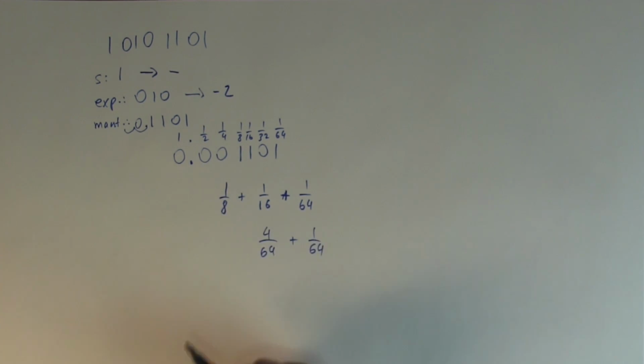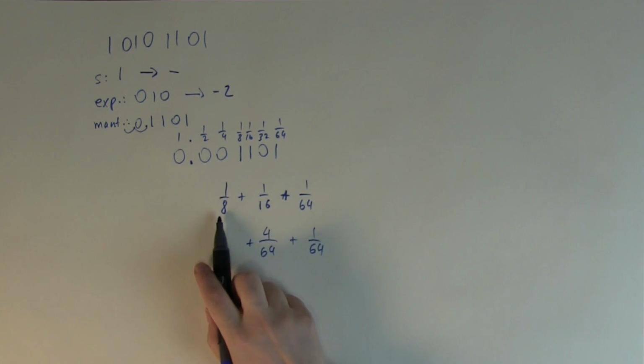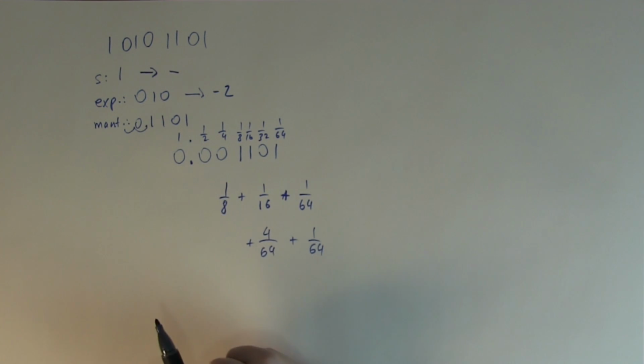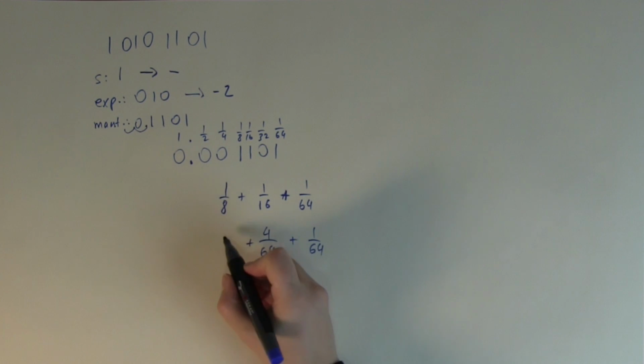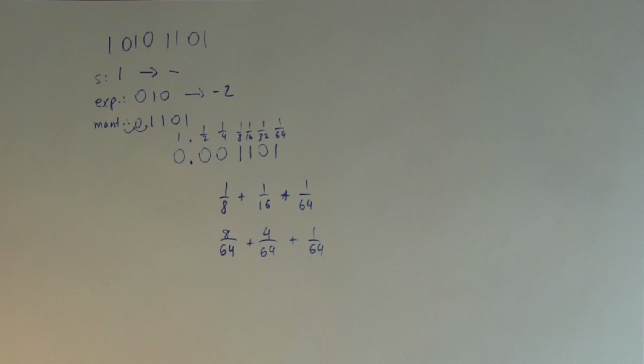The 1 over 64 won't change. And the 8. Double the 8 gives you 16. Double the 8 again gives you 32. And double it again gives you 64. So you doubled it 3 times, which means that you multiplied it by 8. So 1/8 is 8 over 64.